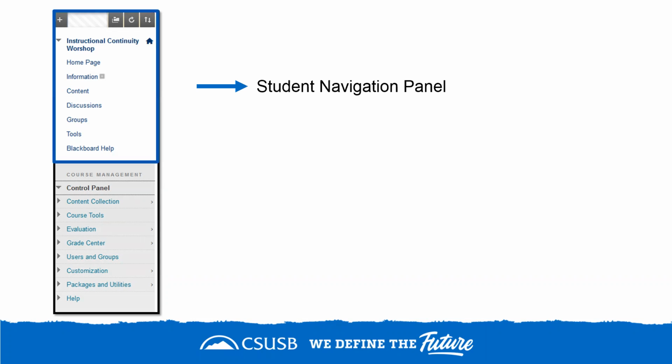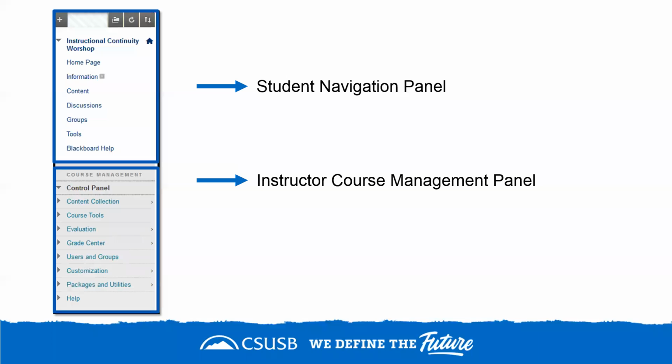The top half there is the student navigation panel. That's the only part of the navigation panel that the students will see. The bottom half is actually hidden from student view. They do not see that, but you as an instructor will see both the top and the bottom of the navigation panel. So you'll see the student navigation panel and you will also see the instructor's course management panel.